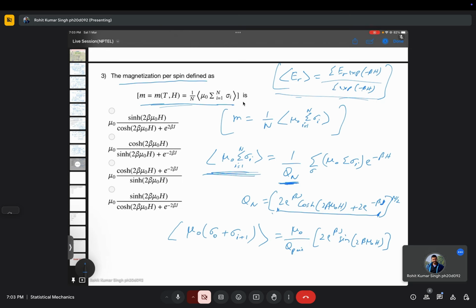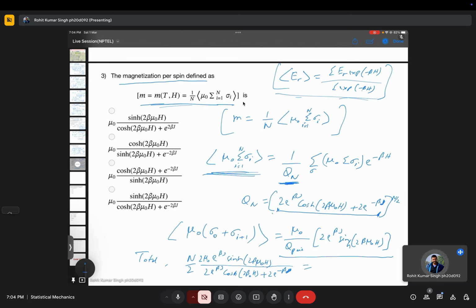And the total magnetization will be what? It will be just the sum over all the pairs, right? Since all are identical, it will be just n by 2 times this quantity. So n by 2 times, so Q pair is this, and in the numerator you have 2 mu naught sinh 2 beta mu naught H, right?